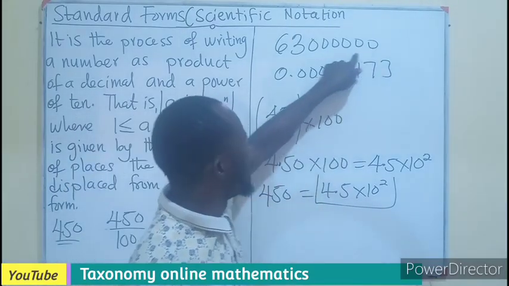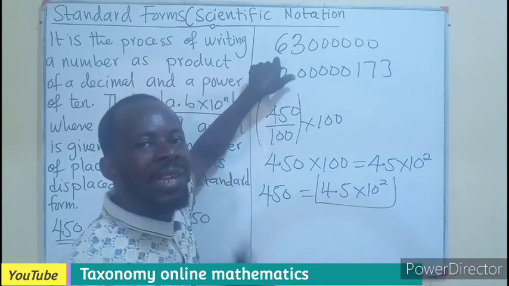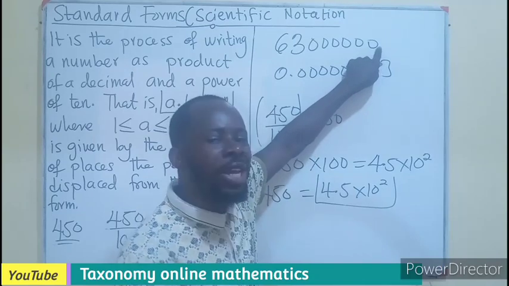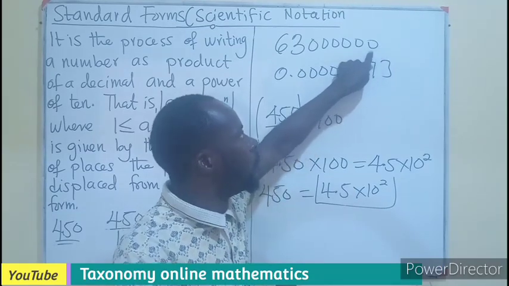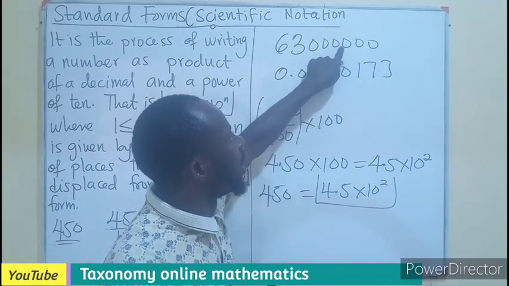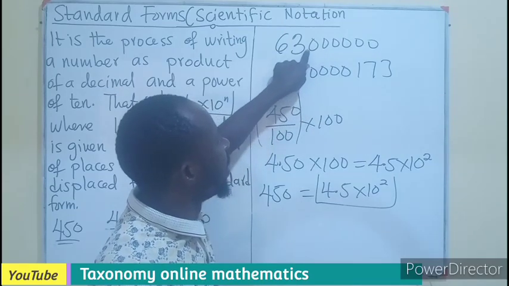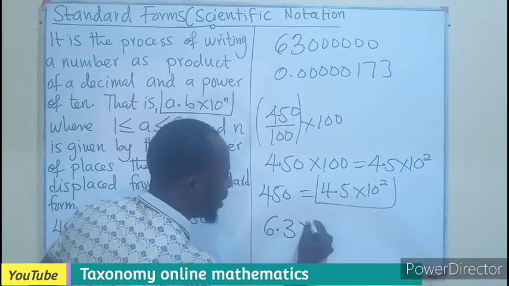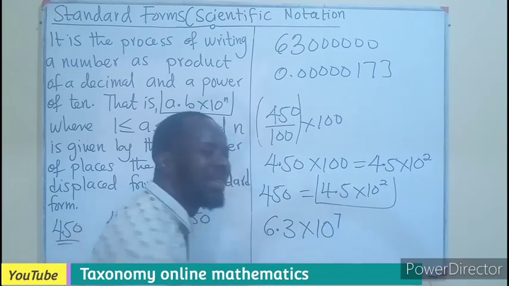If a number is a whole number without a decimal point, the point is already at the back. So if I'm going to introduce a point, I move 1, 2, 3, 4, 5, 6, 7. It means it's going to be 6.3 times 10 exponent 7.